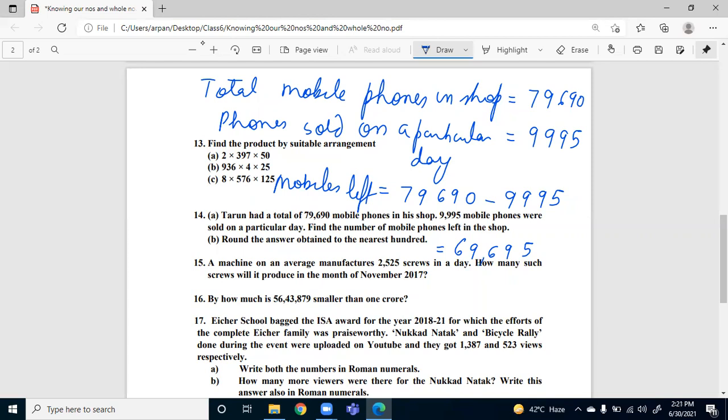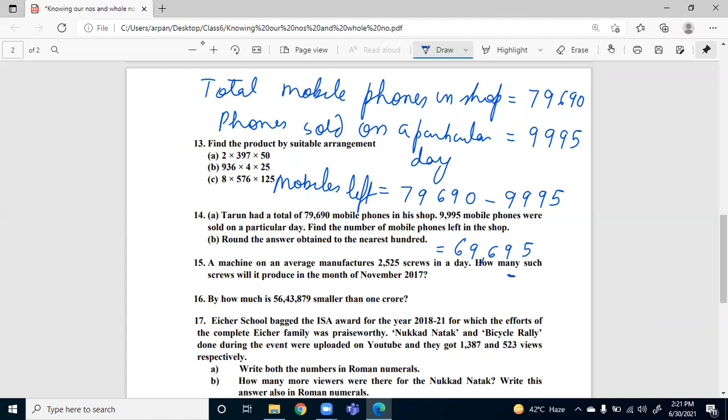69,695. Now round the answer to the nearest 100. Yes, Samad. 69695. If we round it off to the nearest 100, we have to see the tens place. And the tens place is bigger than 5.